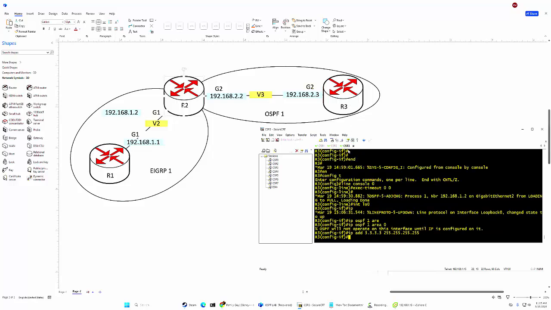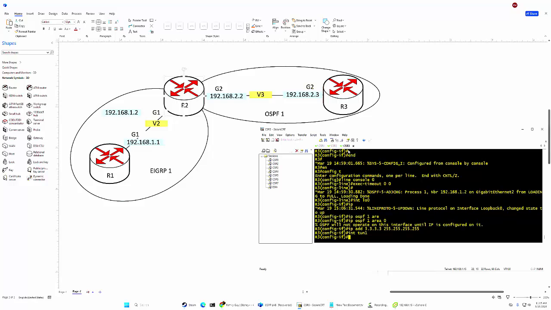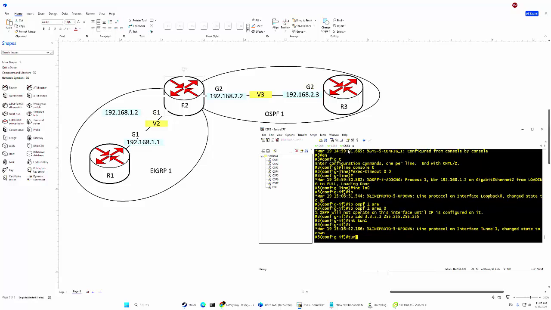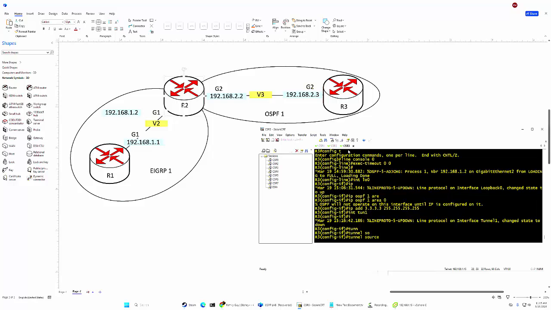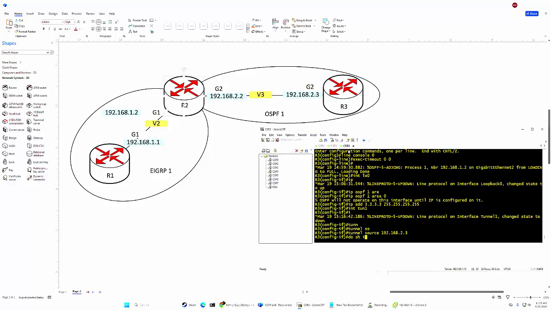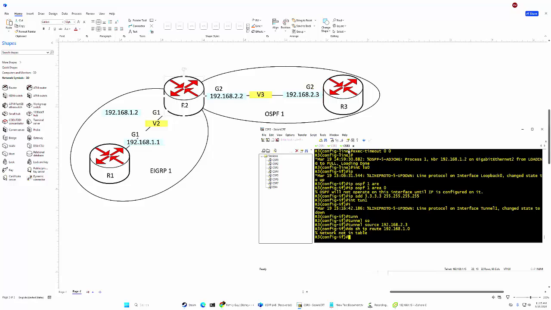All right, and now, you know what's funny? I believe we're gonna have the same problem to show IP route 192.168.1.0. Yeah, we're gonna have the same problem here on router 3. So we're not gonna do that.